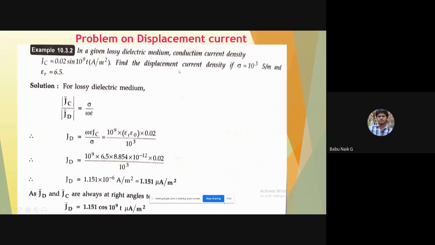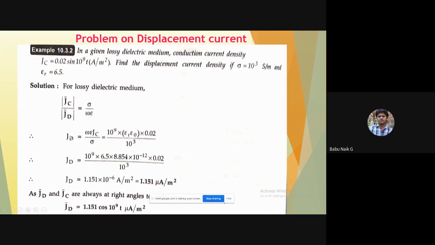You need to calculate the displacement current density. We know that the ratio of the conduction current density and displacement current density is equal to sigma by omega epsilon.